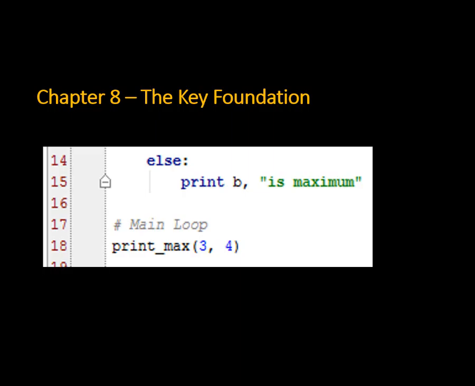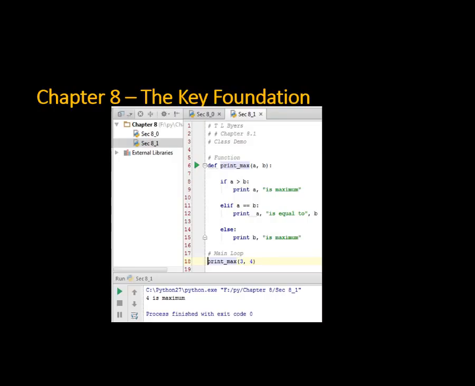So now all we need to do is test our code. There's everything that we created. And when you look at the run grid, it'll tell you that 4 is the maximum number. So it's picking out the two numbers that have been sent as arguments and telling us which number is greater.